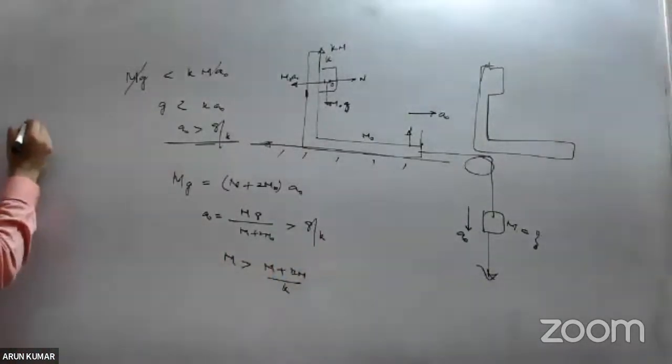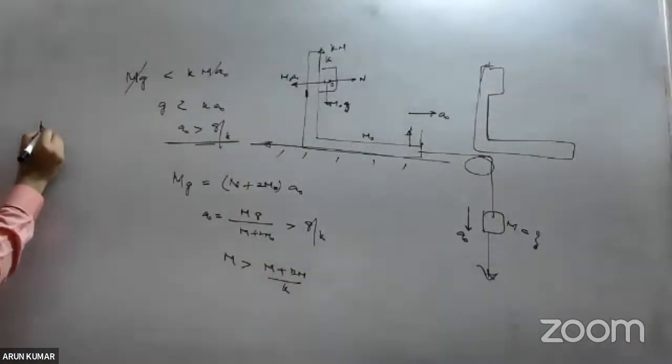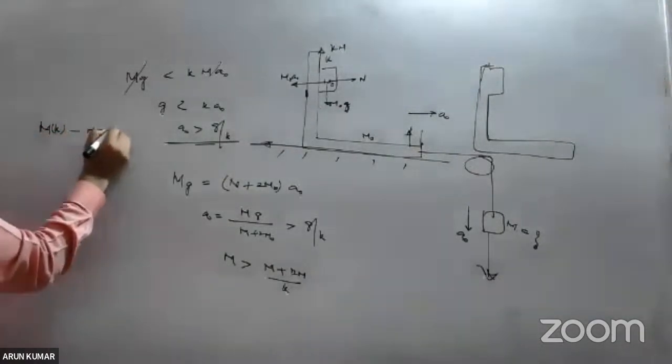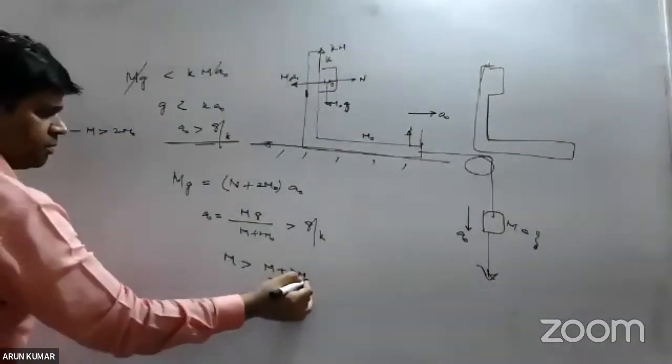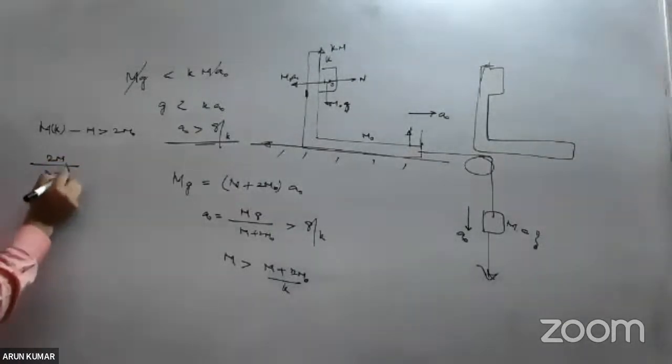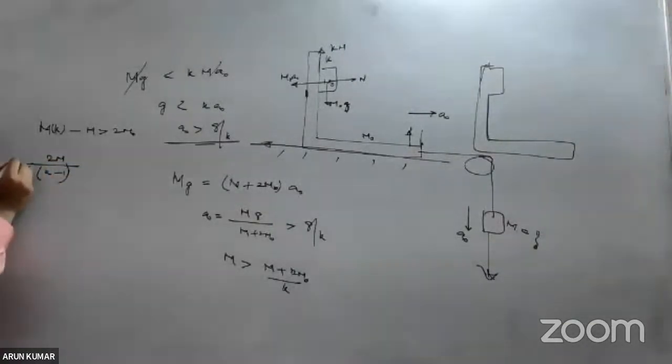Cross multiply, I'll have mu m minus m is greater than 2m naught. So I'll have 2m naught by mu minus 1 is equal to m.